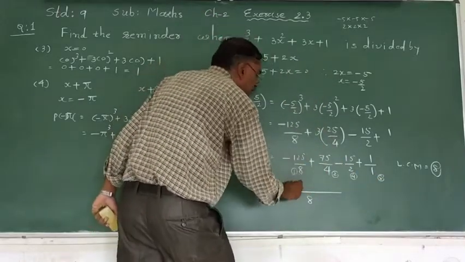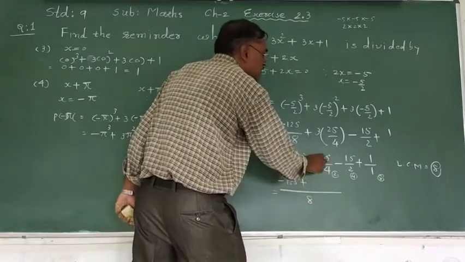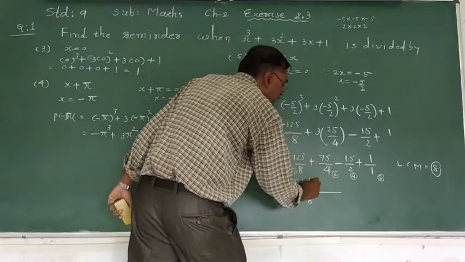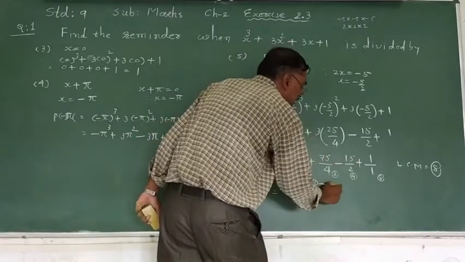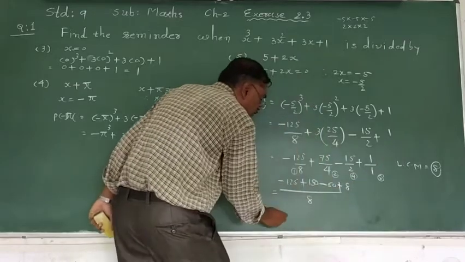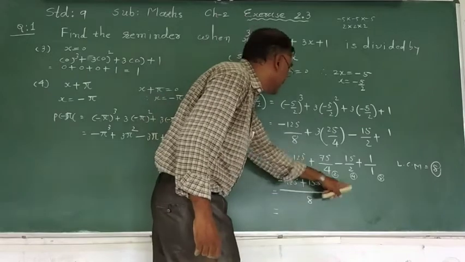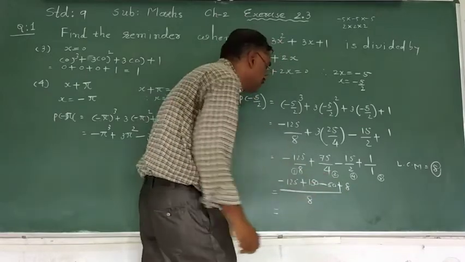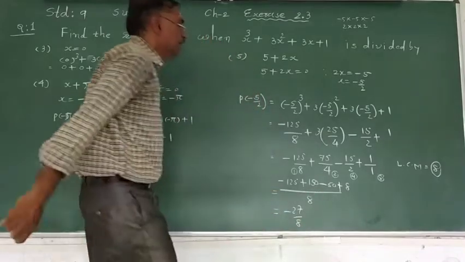So minus 125 ones are minus 125, plus 75 twos are 150, minus 15 fours are 60, plus 8 ones are 8. Okay. Now you will simplify this. Plus plus will be added, minus minus will be added, and then minus. You will obtain minus 27 upon 8.